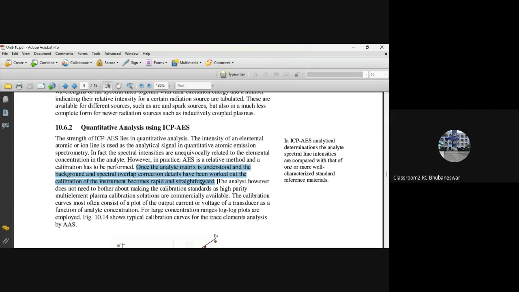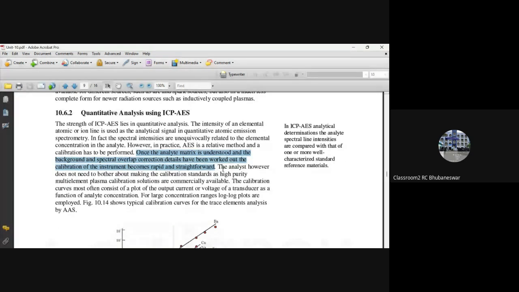You are going to get some signal from that blank. After studying the sample, whatever spectrum you are getting, just subtract the blank spectrum. The data you will be getting in the reading output device, from there you can subtract the blank spectrum. Then you can avoid this interference due to anything apart from the analyte.